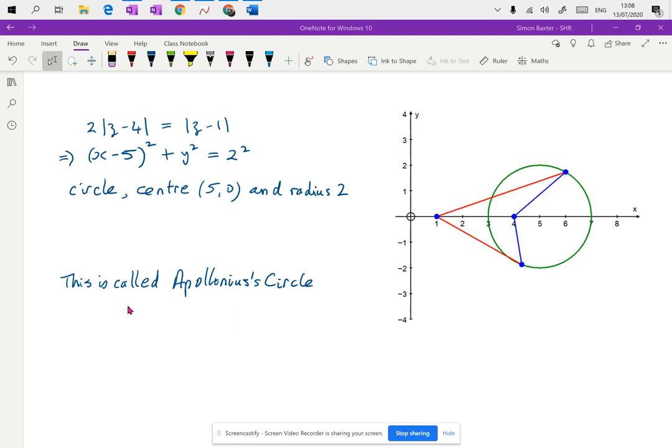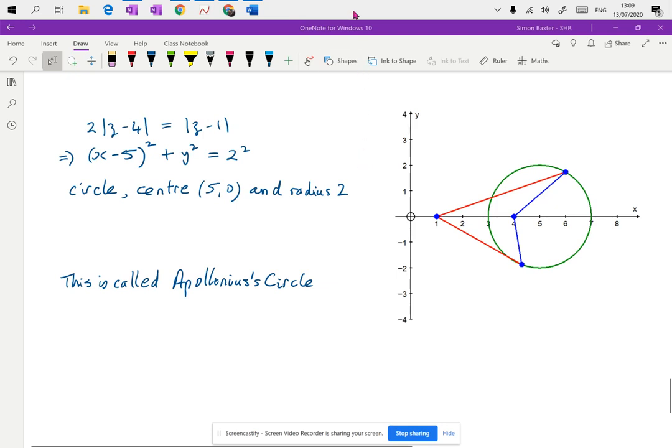This result is called Apollonius's circle. Apollonius was a Greek philosopher who lived about 2,200 years ago. He didn't certainly have the benefit of complex numbers, nor did he have the benefit of coordinate geometry. He proved this all by pure geometry.